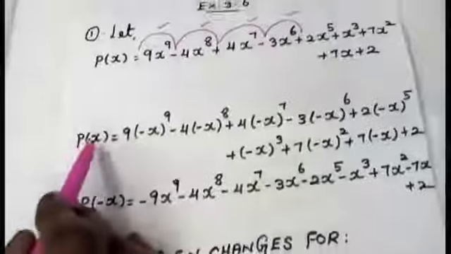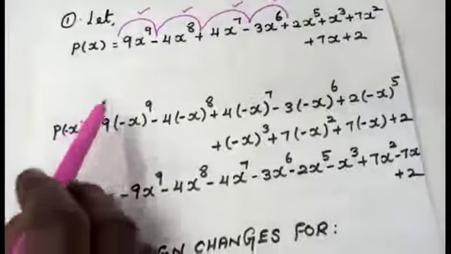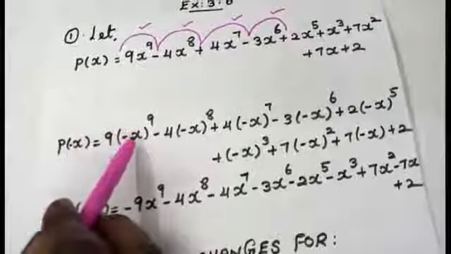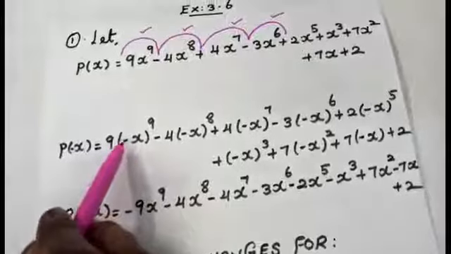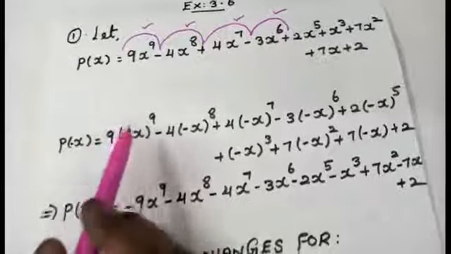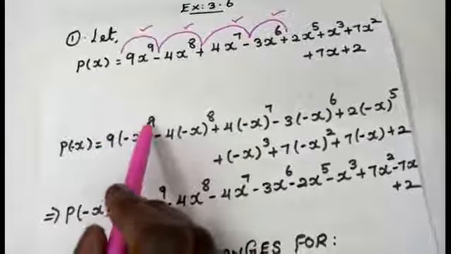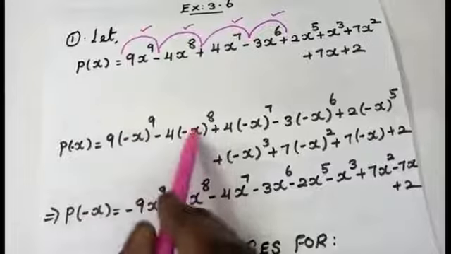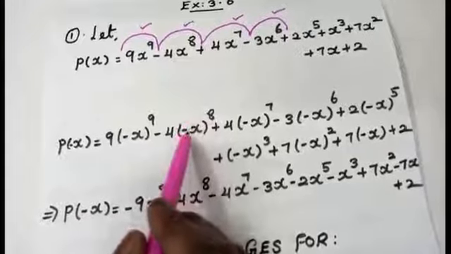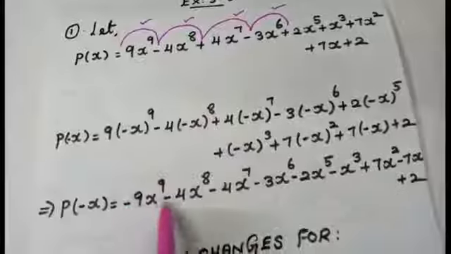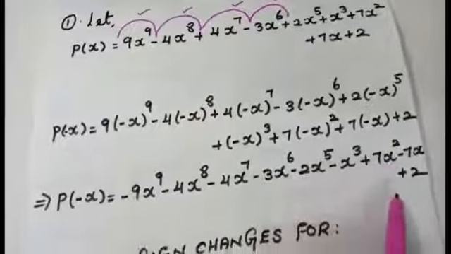Coming to p of minus x. In the question, wherever you have x, you replace it with minus x. If the power is odd, you get negative; even means it is converted to positive. So after calculating, I get the polynomial in this form.